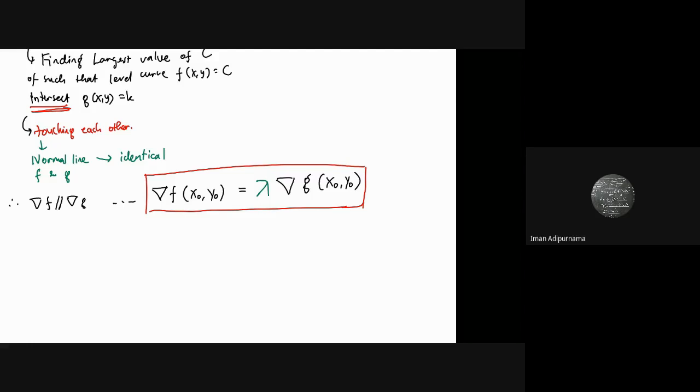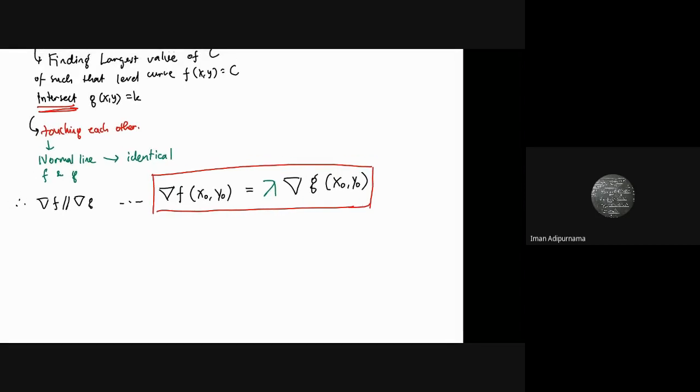So the method tells you that if you can find the gradient vector of f and the gradient vector of g, and you can find a number, a constant, relating these two, you can find this point, and you will know that this point will be the extreme value.